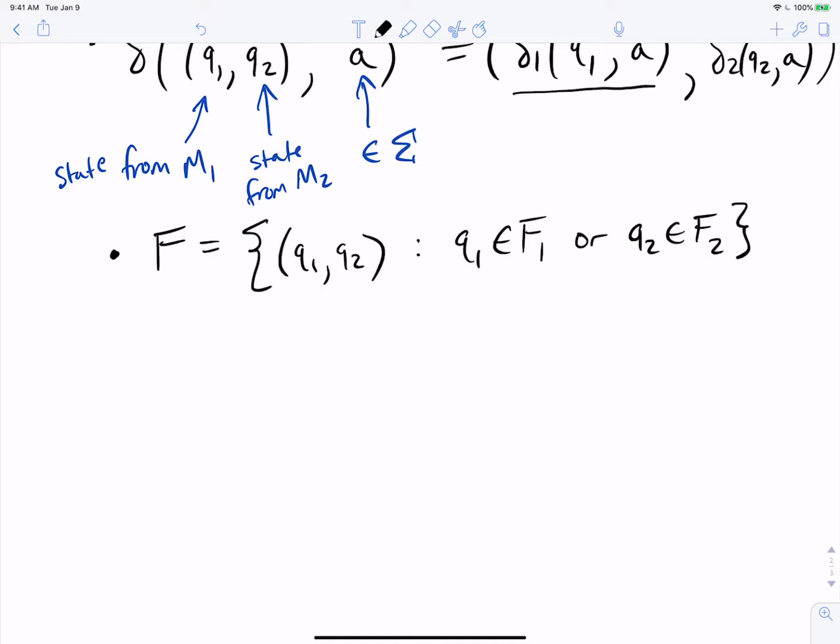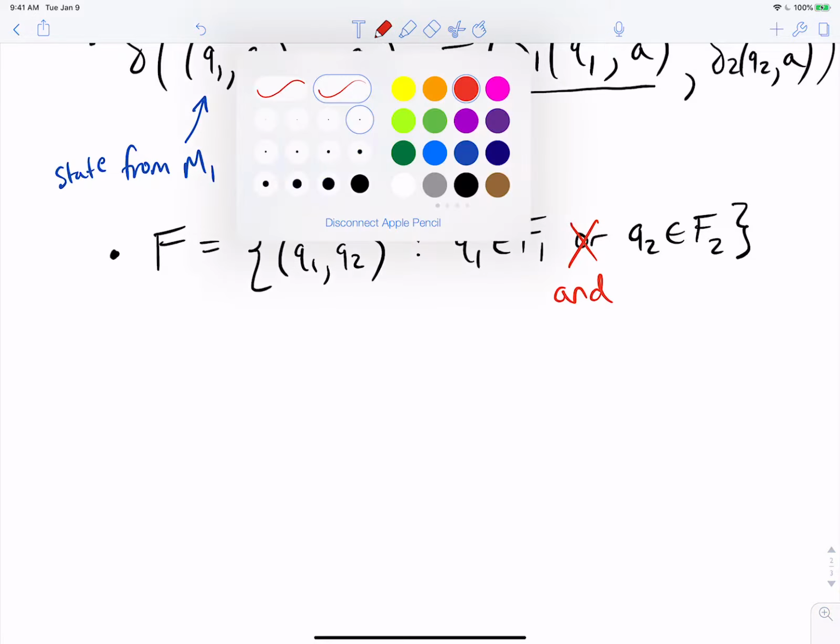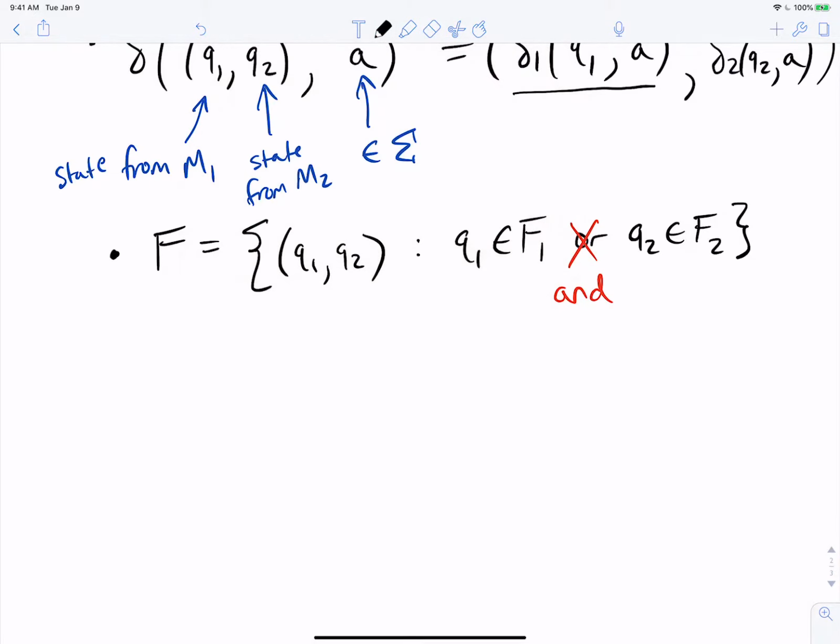What if I wanted to do intersection? I must have forgot. I meant to do intersection. We need to do this whole method over again. What needs to change if we wanted to do intersection? Change the order. If we change this from an or to an and, we get intersection immediately. Nice. So what can we conclude then about the set of regular languages? Are they closed under union?